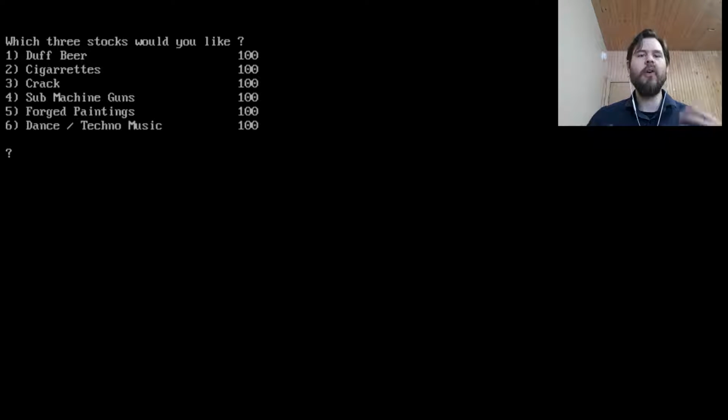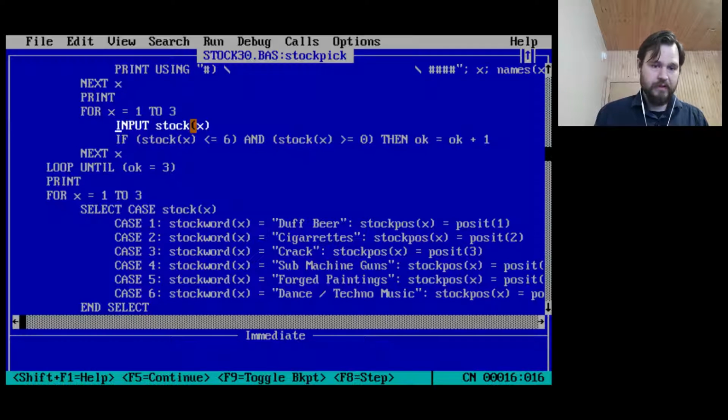So now I have to go all the way back up, and OK becomes 0 again. So if I make a mistake, I got to re-enter everything. I can even make mistakes first, and it'll still go. And it doesn't check for complete error until you enter the last stock. Well, that's a terrible experience. I think I fixed that in later versions.